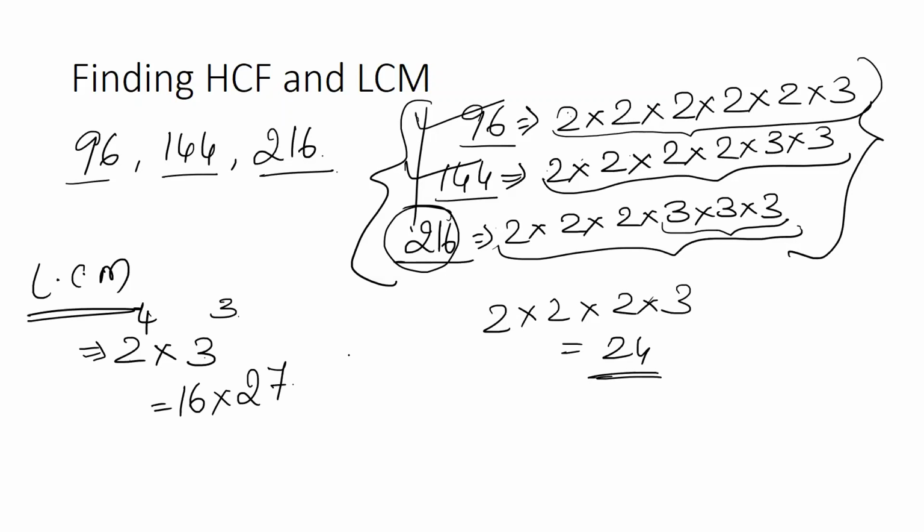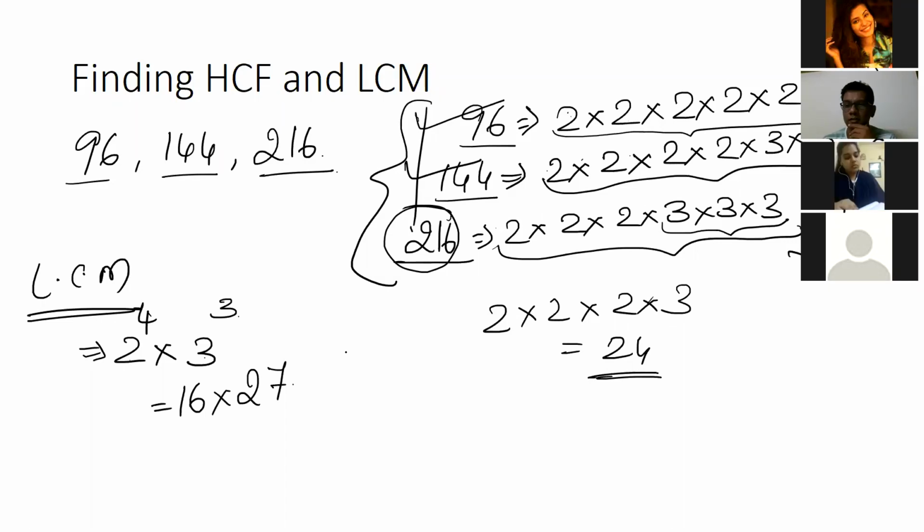Did I miss something? Yeah, someone's nodding, so I have missed something. Yeah, what did I miss? Trying to understand here. You can unmute and say. Sir, in 96 there are 5 twos. Oh, in 96. I didn't see this.